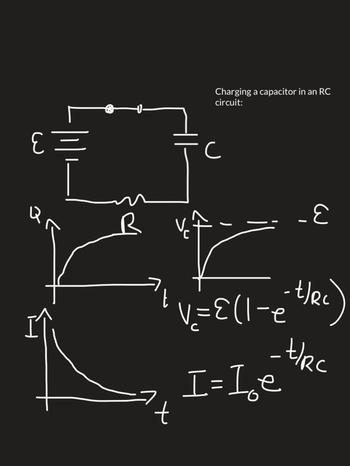We begin at time equals 0. e to the 0 power is 1. So 1 minus 1 tells us that the initial potential across the capacitor is equal to 0. And then it will increase from there, asymptotically approaching this value equal to the EMF of the battery. So those are all of the equations and the explanation behind them that you will need to use to analyze RC circuits.